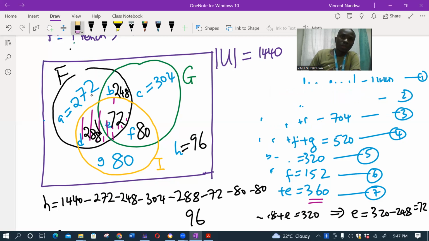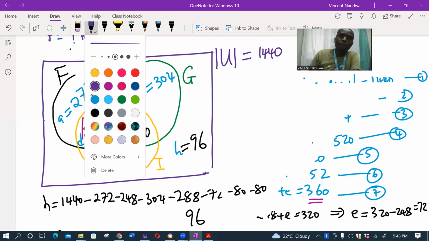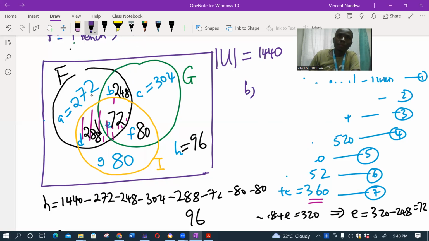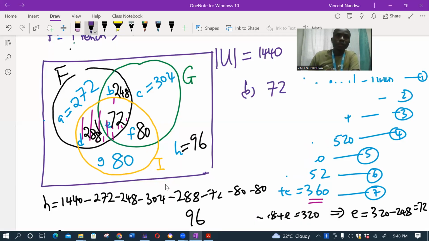So the answer to that part is 72. And then Indonesian only. It means you are in this section and can't be counted in any other set. So the answer is 80.